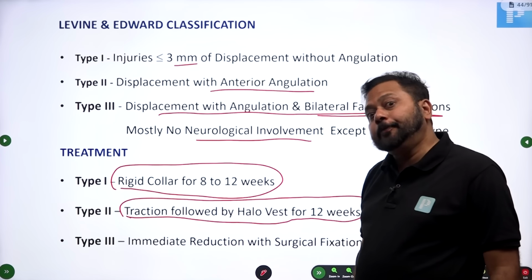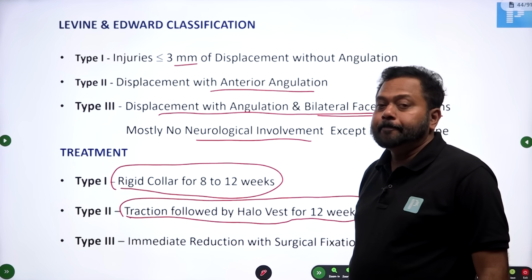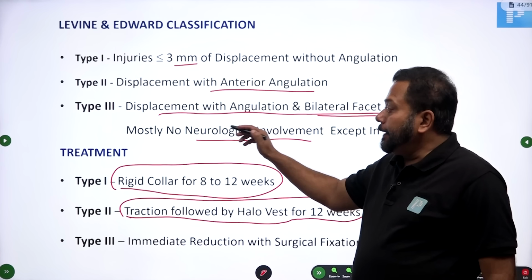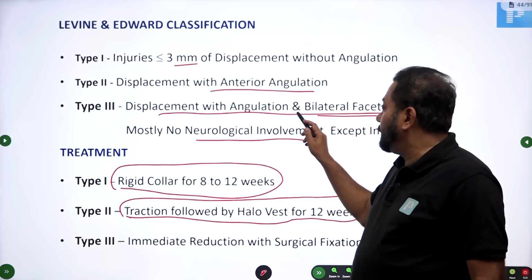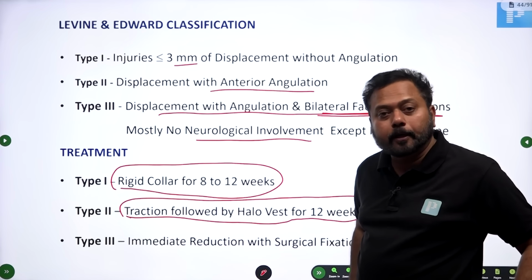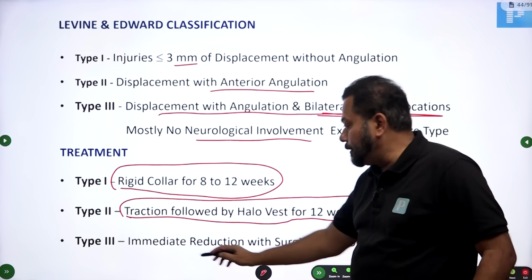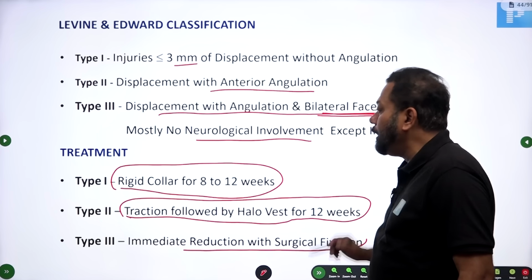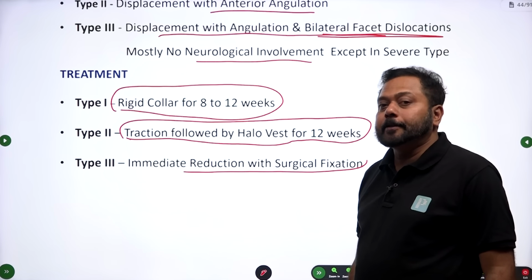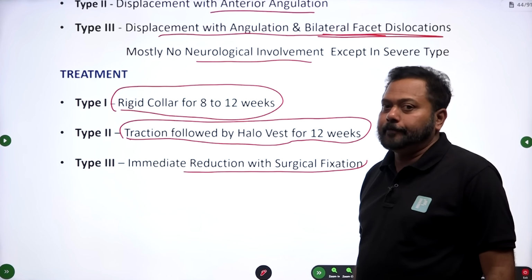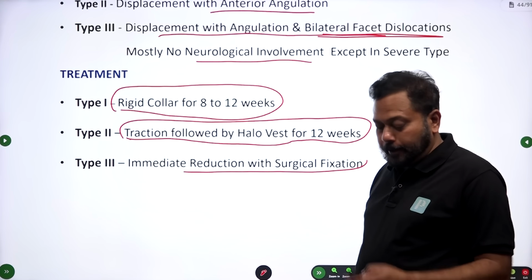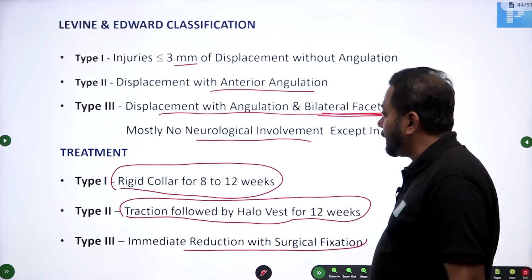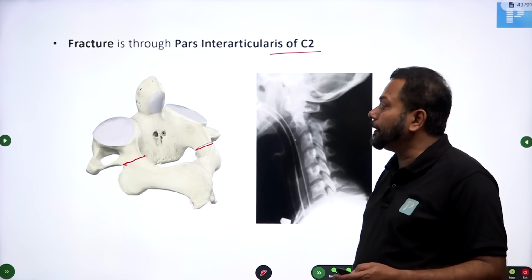If it is type 3, that is, there is displacement, angulation with bilateral facet dislocation, you have to do surgery, surgical stabilization, reduction with surgical fixation. Otherwise, patient will end up in neurological deficit. Okay, so this is about hangman's fracture.